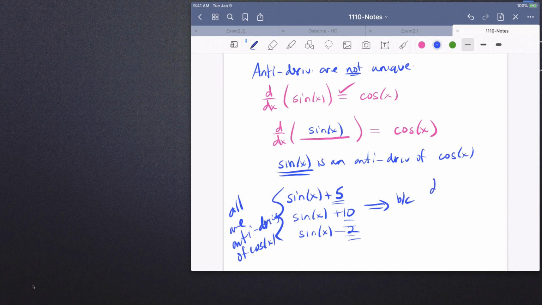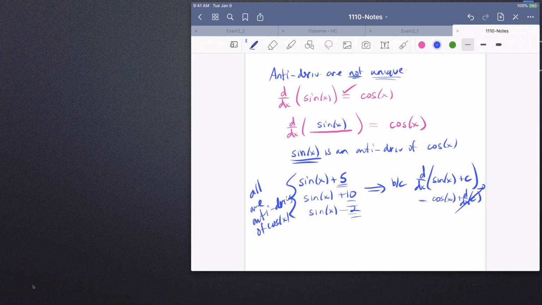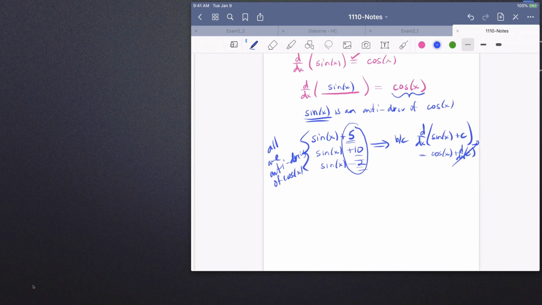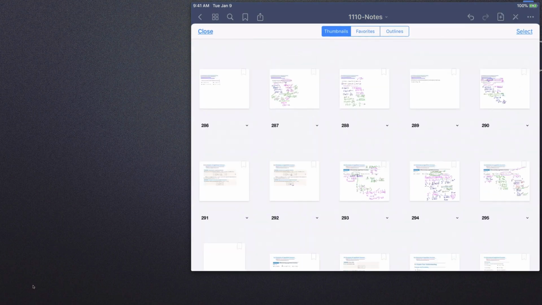All of those are antiderivatives, because the derivative of sine of x plus any constant is cosine, and then the derivative of any constant is equal to 0. Okay? So antiderivatives are not unique. There's more than one antiderivative of a given function, in this case cosine. There are lots. Any constant added to an antiderivative will also be an antiderivative.